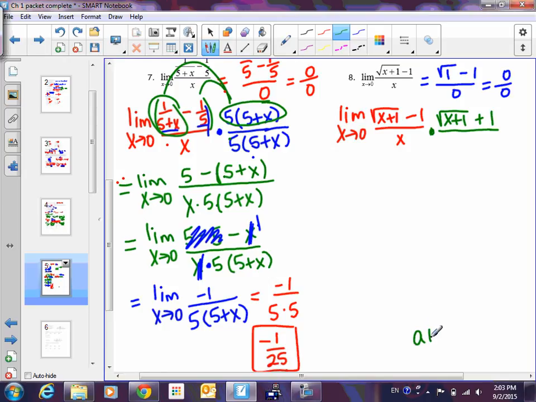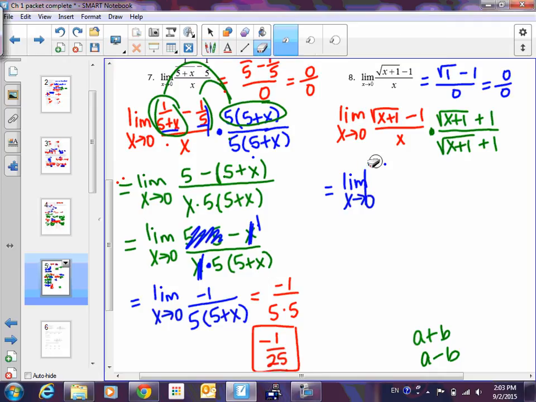Basically the conjugate of a plus b is a minus b. And anytime you're dealing with radicals, this is a way to kind of get rid of those radicals. So I got to make sure I do that down here as well. Always multiply by something over itself. If you're still not super clear on why this is going to work, stay tuned, because you're going to see in the next step.